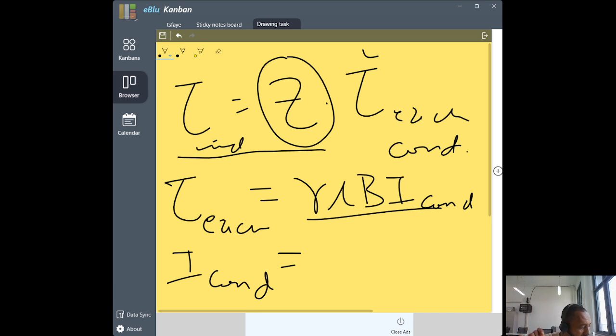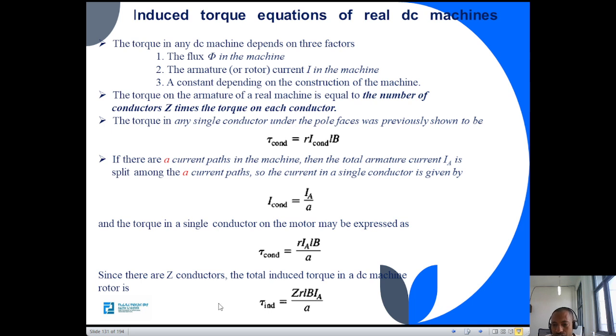But what is the current inside the conductor? It is going to be the total armature current divided by the number of current paths, A. So if you substitute this inside this, we'll get this relation.